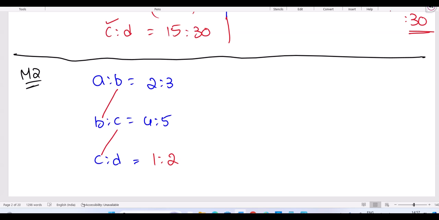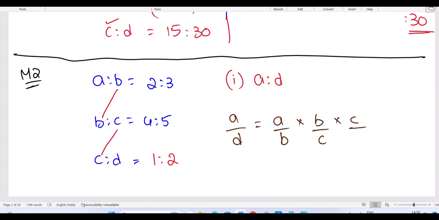We maintain that. Now, if you want to calculate the ratio, first I'll calculate A is to D. See, in the traditional method, we faced a lot of issues like calculating A, B, C, D. Then only we are able to calculate A and D. But see the simple logic in this shortcut. If you want A is to D, that means nothing but A by D. A by D can be written as A by B into B by C into C by D. We can do it, right?